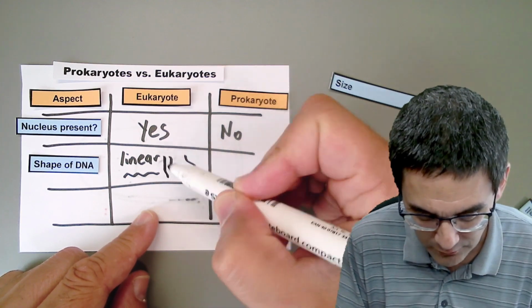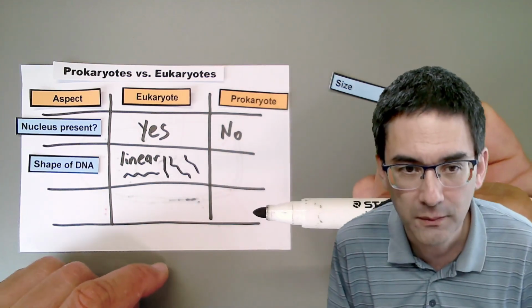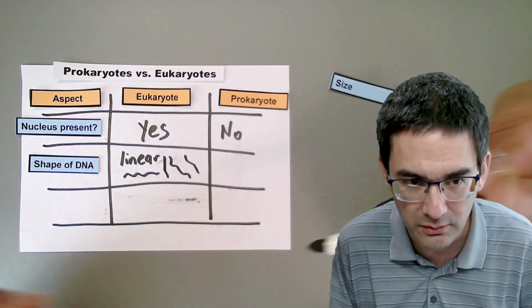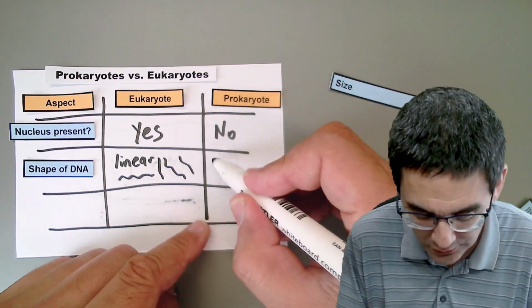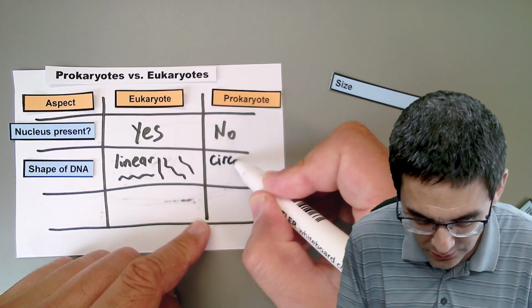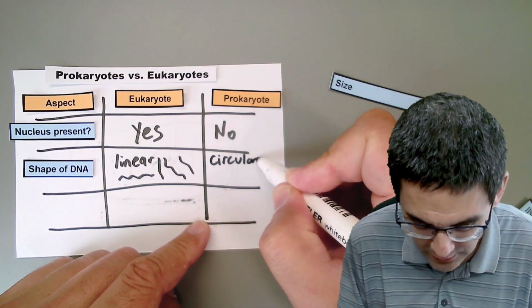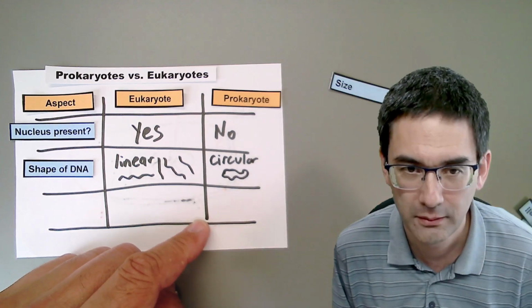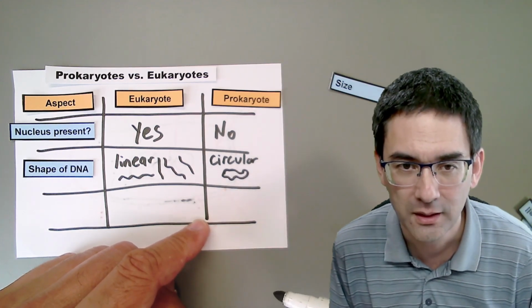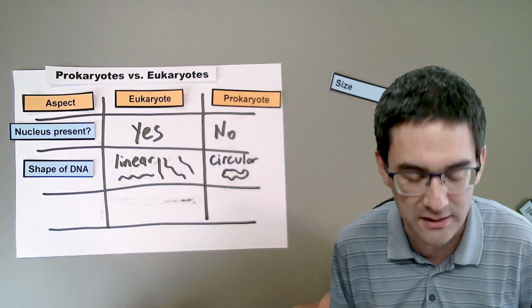Like for example, humans have 46 chromosomes, they're open-ended. And in a prokaryote we have a round circular DNA, as I mentioned, look, and it closes back on itself again. So the shape of the DNA is different.